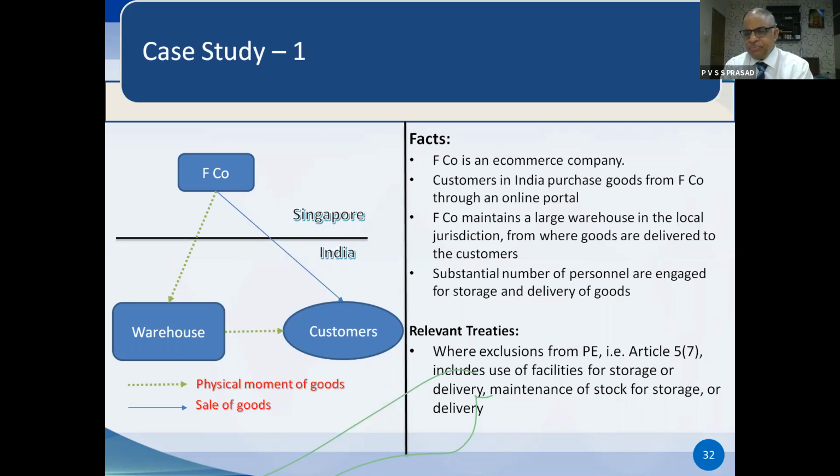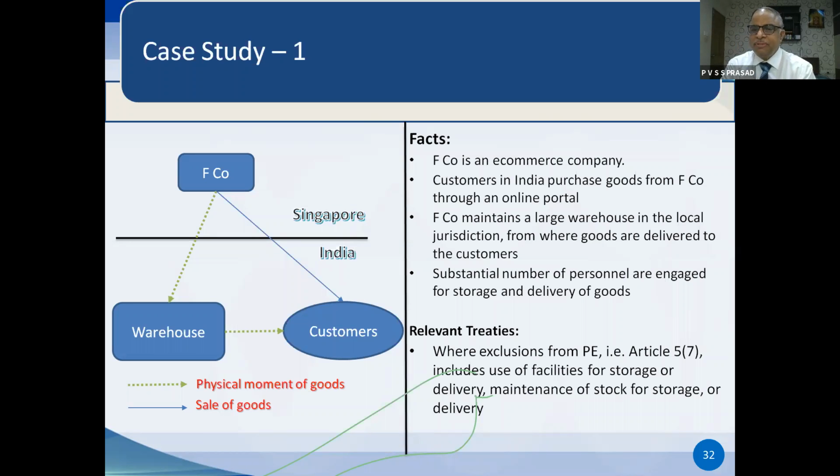So here, in a nutshell, what we are going to discuss is based on the old approach of treating storage and delivery as an auxiliary activity, that is a preparatory activity, no taxes were levied. Taxes were levied only on the basis of contract conclusions.